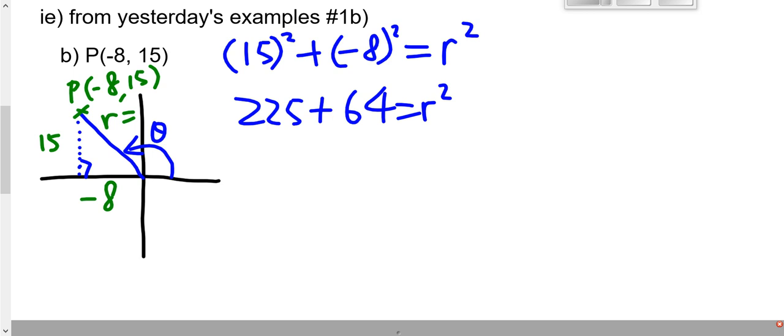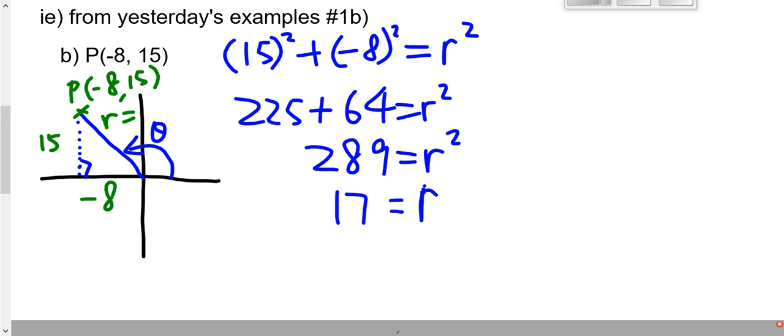Then 225 plus 64 gives you 289 equals r squared. Of course you take the square root on both sides, and the square root of 289 gives you 17. So that gives you 17 here.